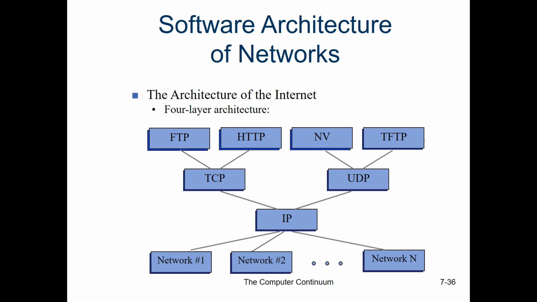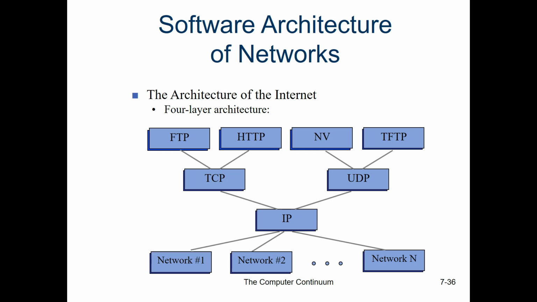First we have FTP, file transfer protocol, which is used to send files over the internet, and HTTP, hypertext transfer protocol, which is one of the most widely used protocols. Both of these work upon TCP, transmission control protocol.